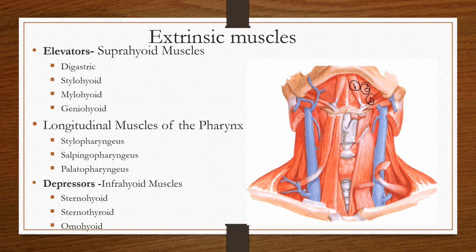The depressors are the infrahyoid muscles, which are the sternohyoid, the sternothyroid, the thyrohyoid, and the omohyoid muscles. The longitudinal muscles of the pharynx are the stylopharyngeus, salpingopharyngeus, and palatopharyngeus muscles. All these muscles move the entire larynx.